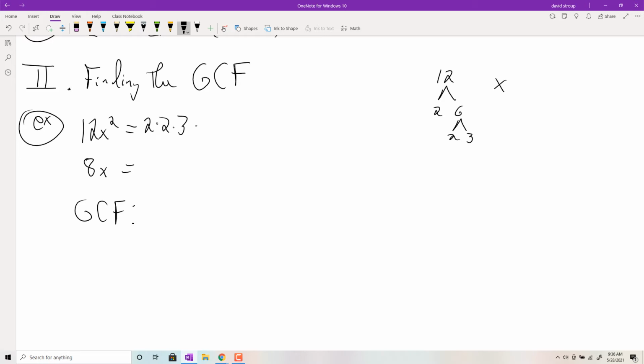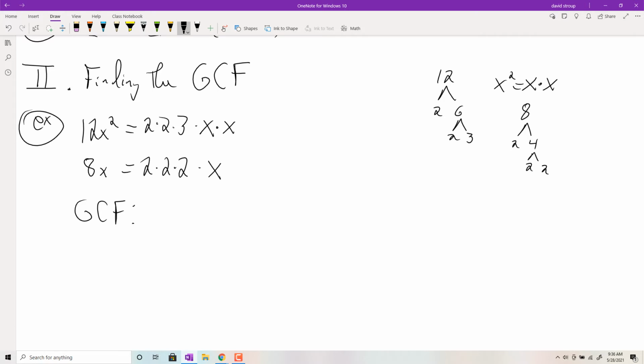And then x squared, that's just x multiplied by itself twice, so it's x times x. And then 8x: 8 is 2 times 4, and 4 is 2 times 2, so we have 2 times 2 times 2 times x. And then the GCF is just the common parts.